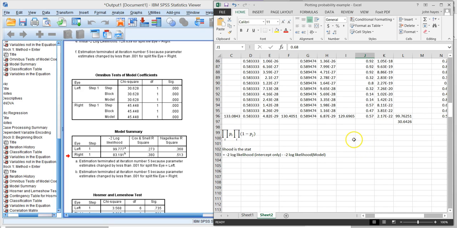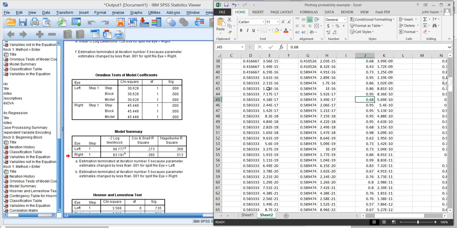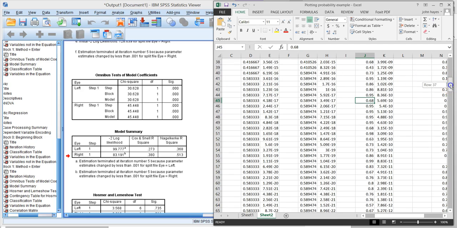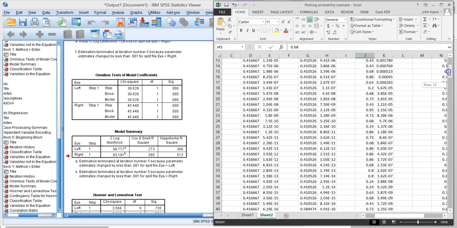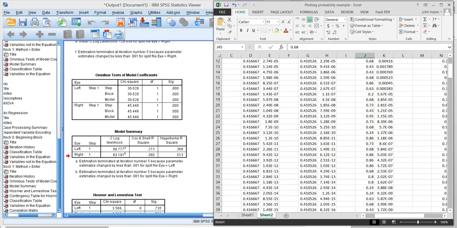Also, when I was calculating these probabilities, I looked at the predicted value. When I calculated the predicted values and put them into this line, I actually had to create a new variable in SPSS.